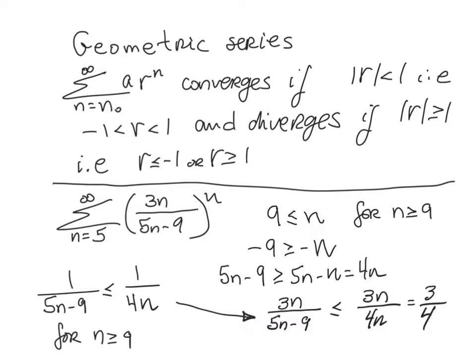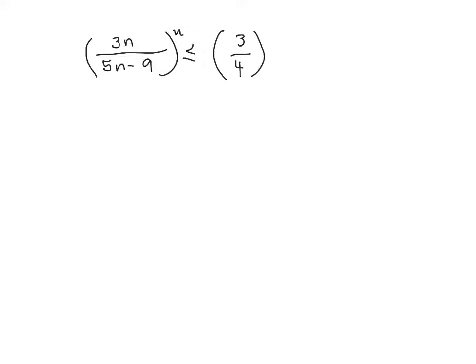And now let's raise both sides to the power n. That will not affect the inequality. So (3n over 5n minus 9) to the nth power is less than or equal to (3/4) to the nth power.